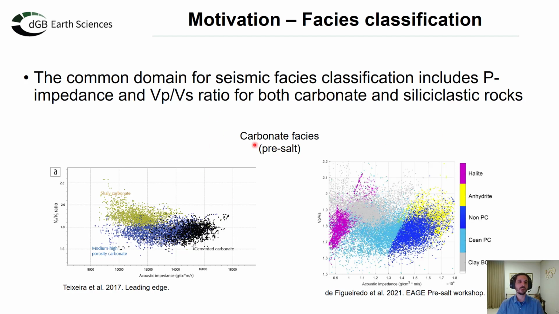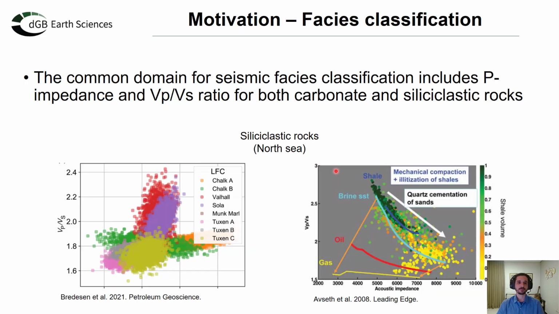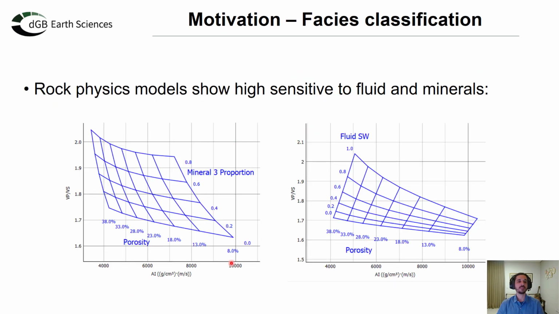Here, for example, you have two works where we can define the facies in this space for a carbonate reservoir from the Brazilian pre-salt. But we can also see many applications using the same space to classify facies in North Sea reservoirs, siliciclastic rocks, and analyzing the rock physics templates in this domain, we can also see that it shows a high sensitivity to fluid and minerals.